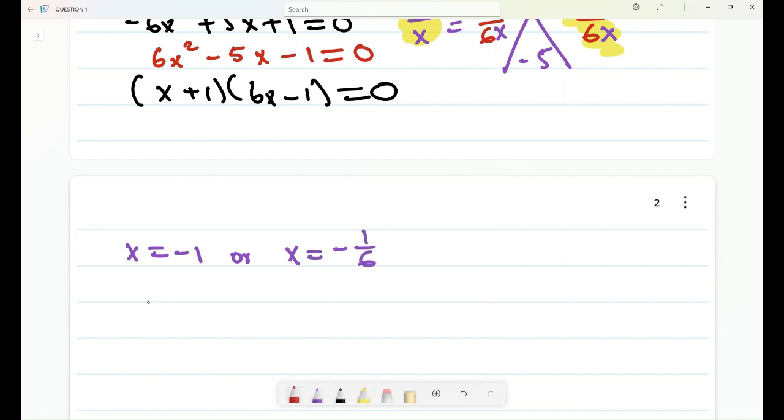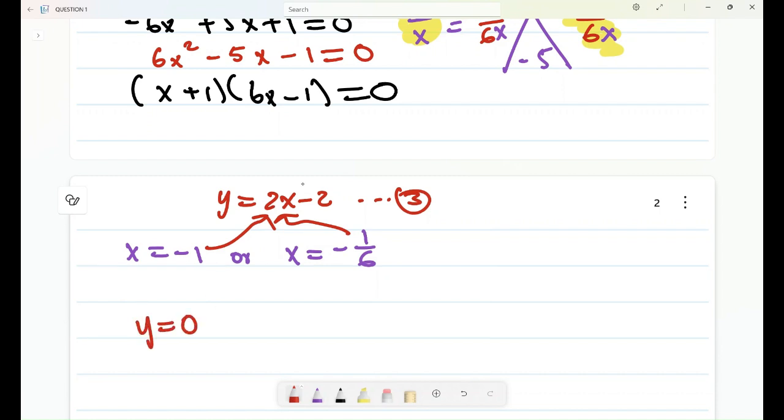Then how do I get the value of y? Remember, I still have the equation that says y is equal to 2x minus 2 from equation 3. So I'm going to sub my x values here. The first one, when I sub negative 1 here, is y equal to 0.